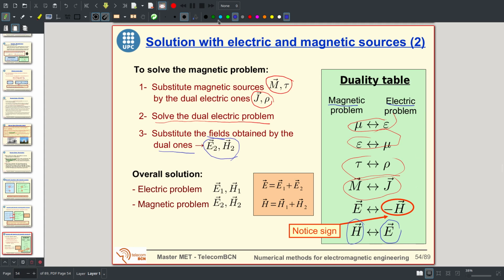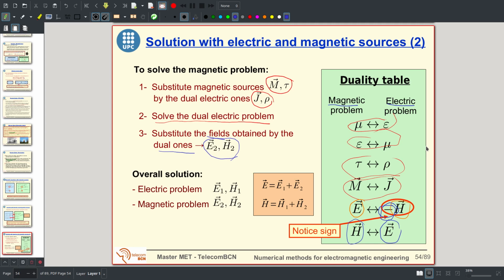And when the field is different than the problem, electric field in magnetic problem and magnetic field in electric problem, then there is the minus sign. Then the sign is reversed. Okay? So this is the rule of thumb to know when you have to use the minus sign or not.